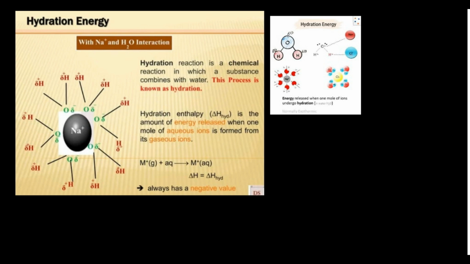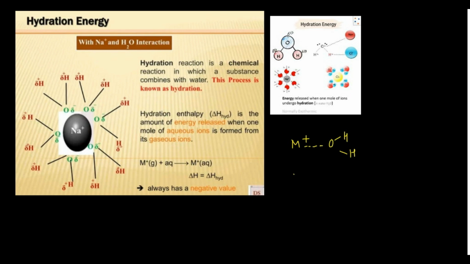That means whatever ion is present here, say an M positive ion, and say a water molecule is there, and when they form the bond between them, this process occurs by the release of energy. That released energy is the hydration energy.